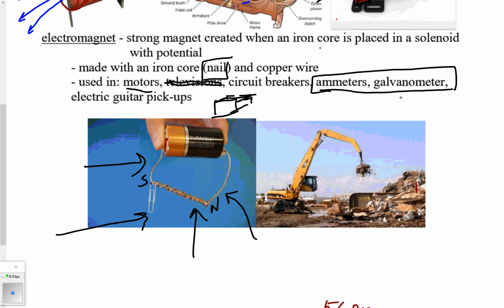Essentially, a galvanometer can detect even the smallest little currents. How it works is you take a compass, and you have your compass needle, and then you wrap a coil of wire around the compass. As soon as a current, an I, in amps, flows through that, you cause the compass needle to deflect.